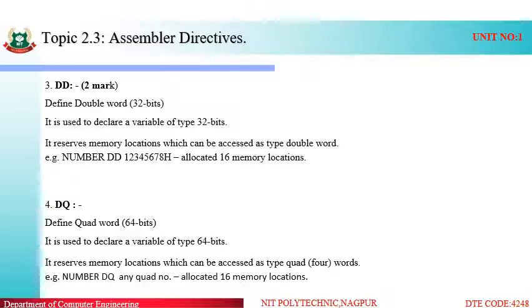DQ stands for define quad word. Quad word means 64 bits. The syntax is the same, so a total of 16 hexadecimal digits will come.